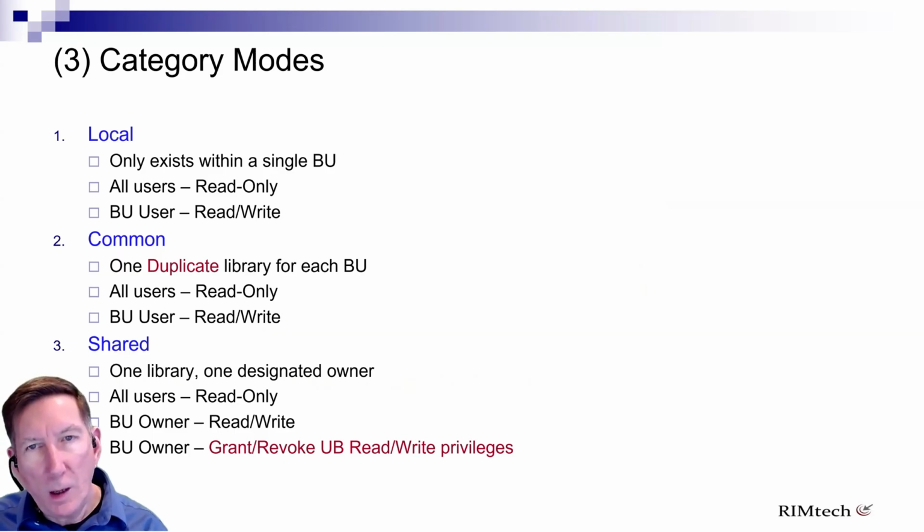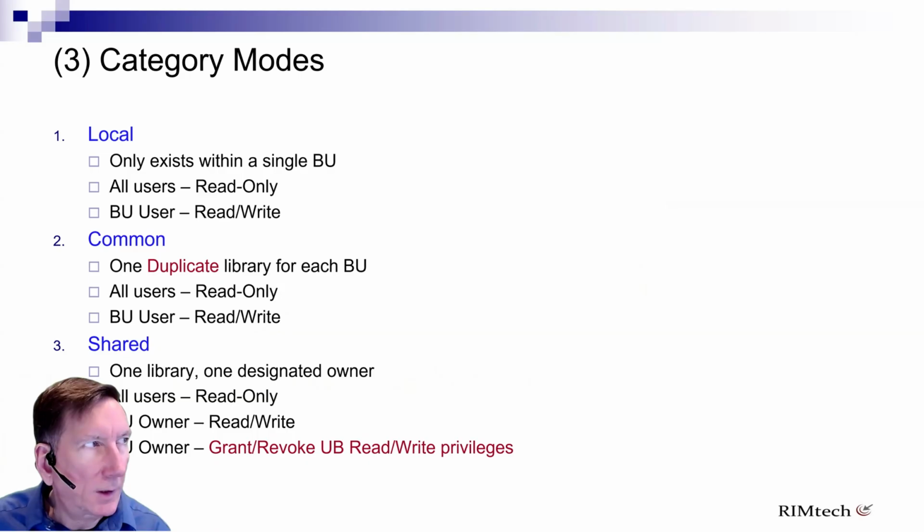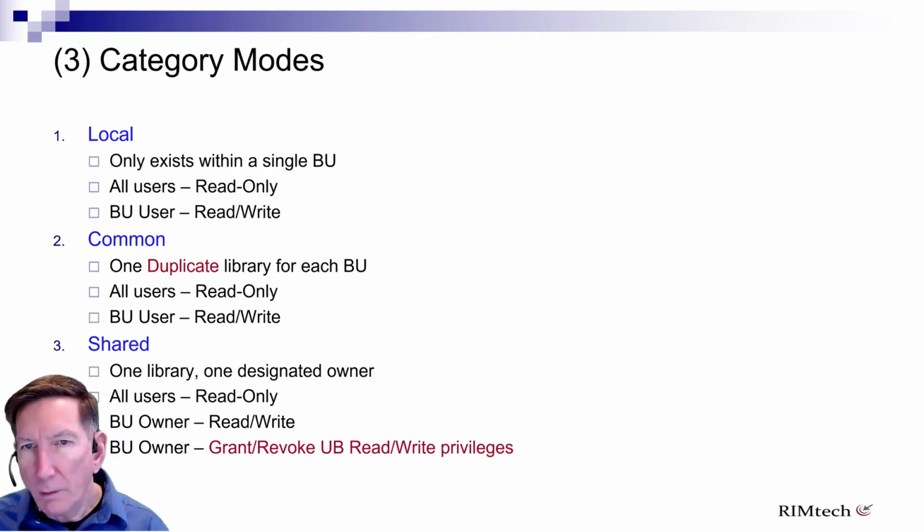A common activity, however, occurs when you have multiple business units that participate in the same activity, like let's say expense claims. But, and this is a big but, different business units don't want the other business units to know what they're up to. They don't want to share them, let alone fool around with their expense claims. So what do you do there? Well, it's the same activity, same library, but you duplicate it for each business unit that needs expense claims.